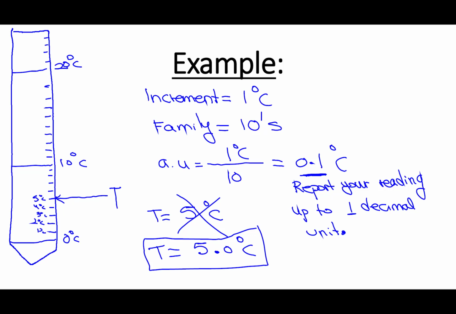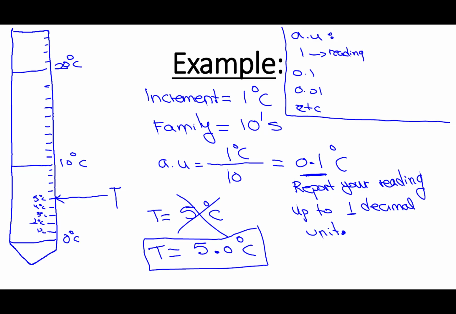Let's do a little side note here. The absolute uncertainty could be 1, 0.1, 0.01, and etc. If it's 1, that means the reading is reported as a whole number.